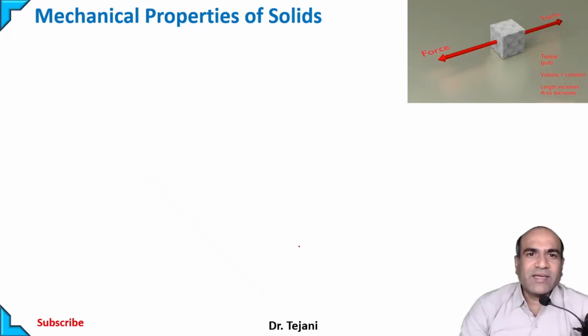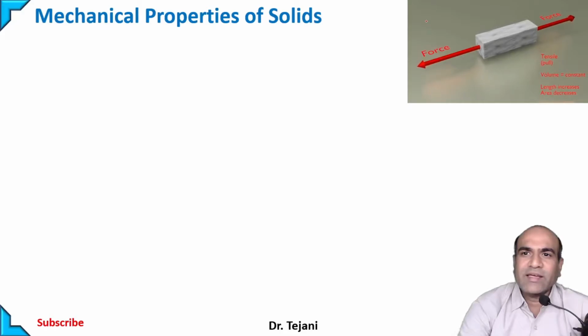You might be wondering what kind of mechanical properties we are going to learn. See, on the left hand top corner, there is an object which is expanding. When we apply a force, what happens? There is an increase in length.